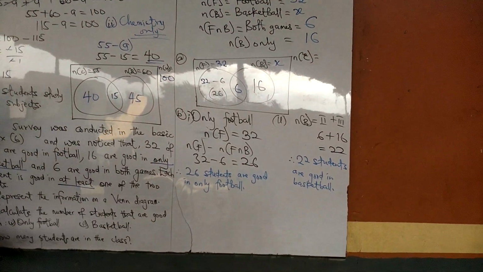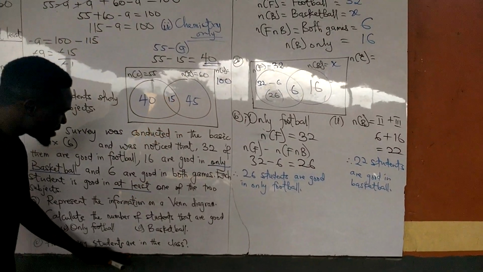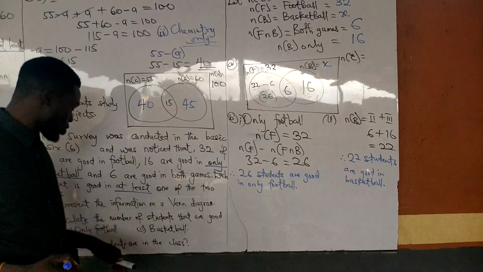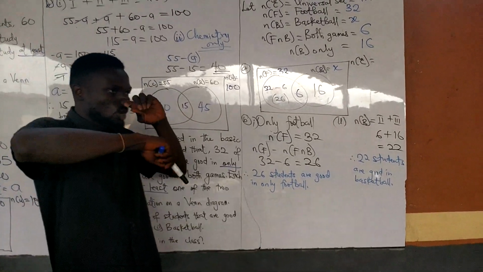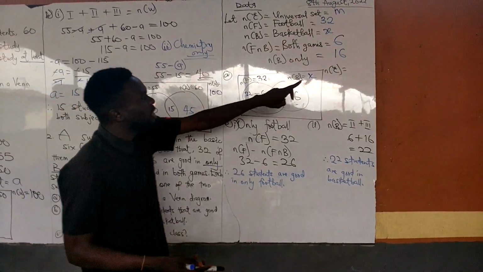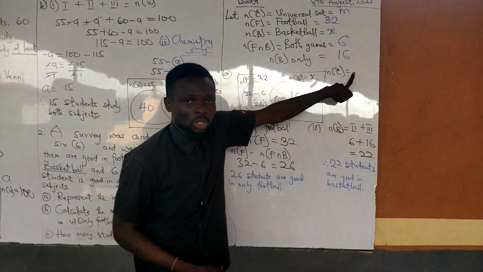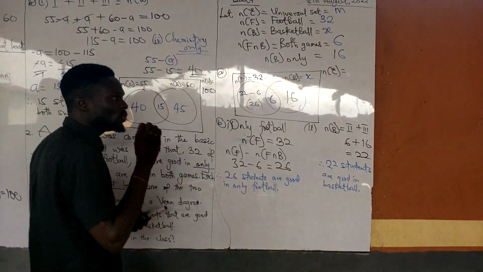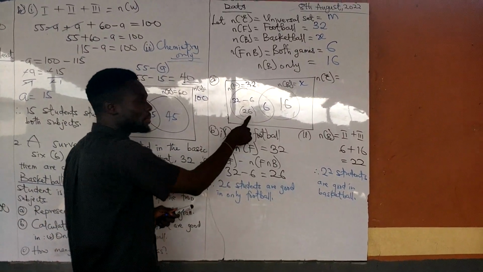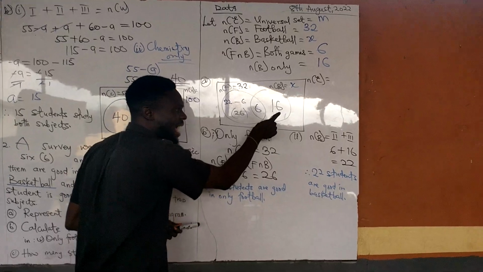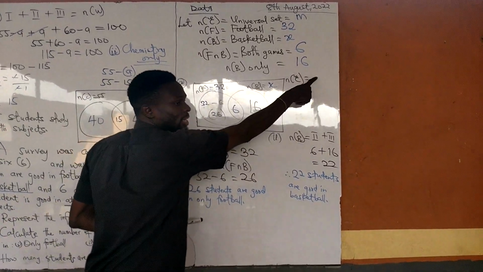And with the last one, how many students are in a class? So in all, you have to calculate the universal set, which we said we don't know. So what did we say to do to get the universal set? Region I plus II plus III is equal to universal set.